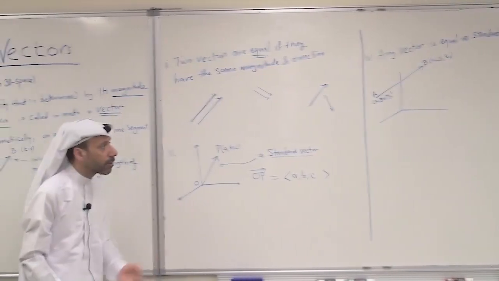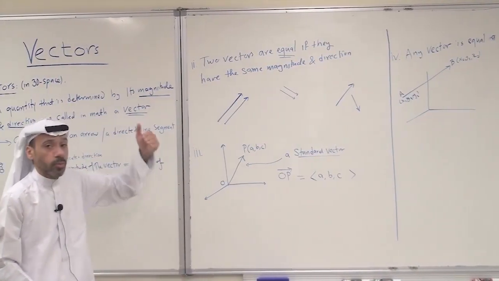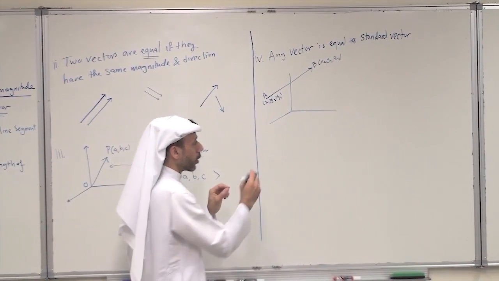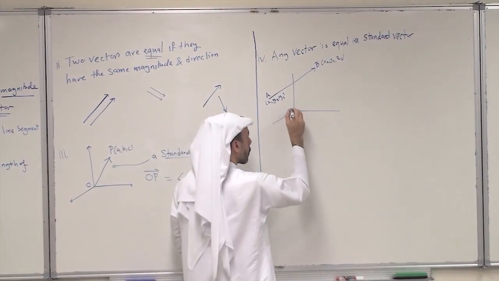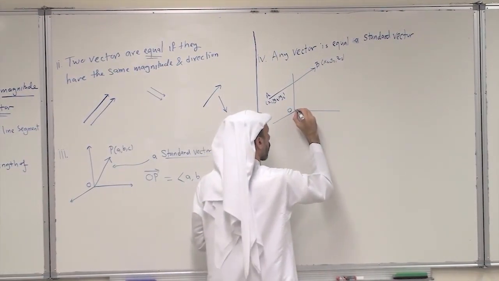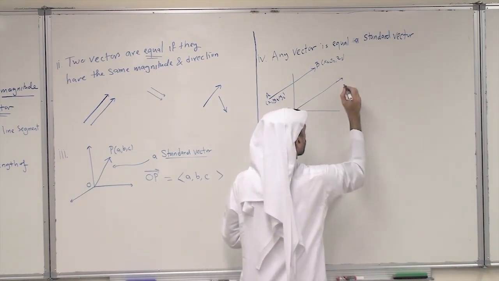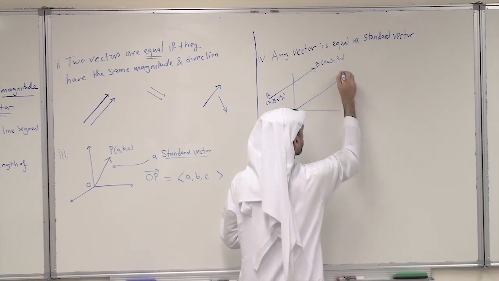So this vector starting from A to B is equal to a standard vector, a vector starting from the origin to another point. We call it here just P.